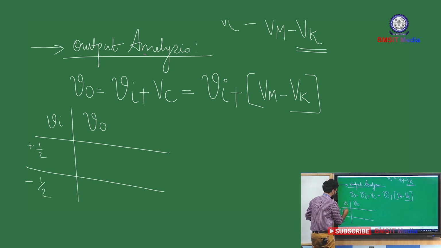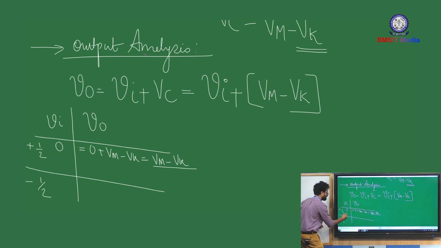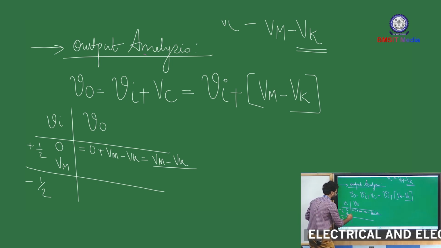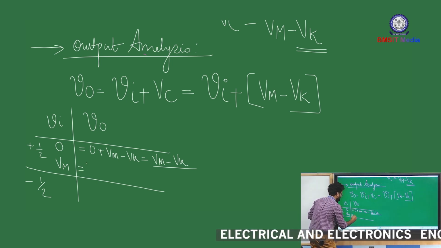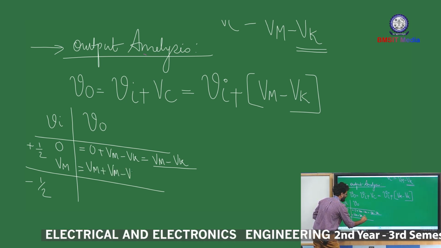Okay, so when your input is 0, output going to be 0 plus Vm minus Vk. So it is Vm minus Vk. On the other hand, when your input reaches positive maximum, the value of the output going to be Vm plus Vm minus Vk.